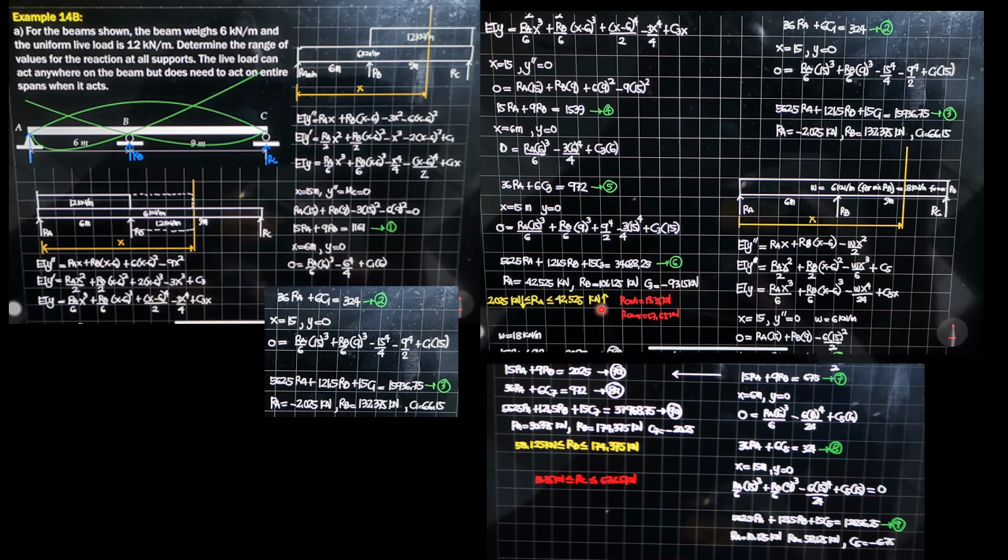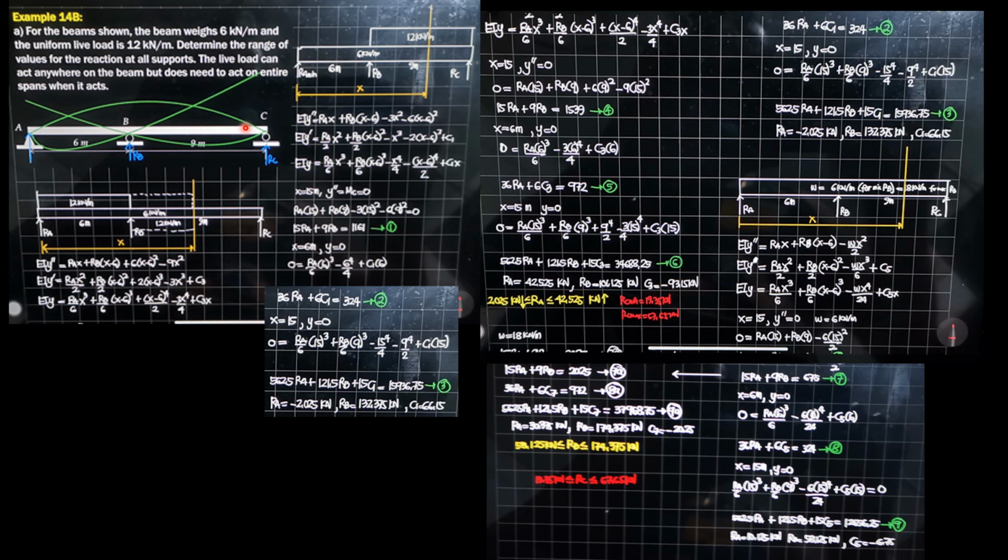And finally, for RB, because I leave RC to you as your practice, when you push RB, this will be the deflected shape. So meaning to say there's no negative portion. There's none of the portion of the entire beam that will be loaded with live load to cause RB to be minimum.